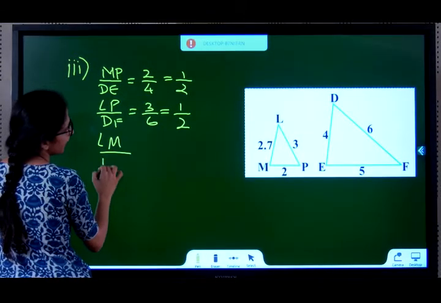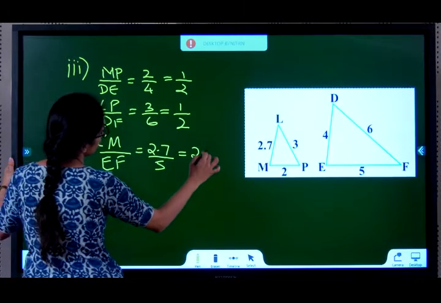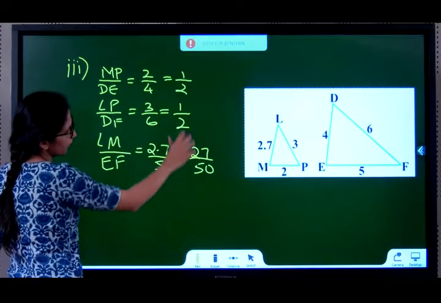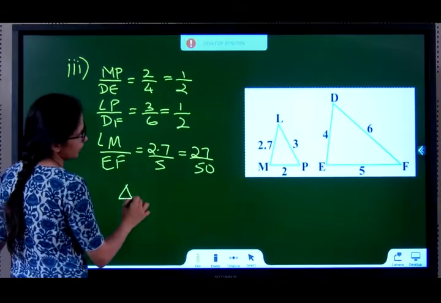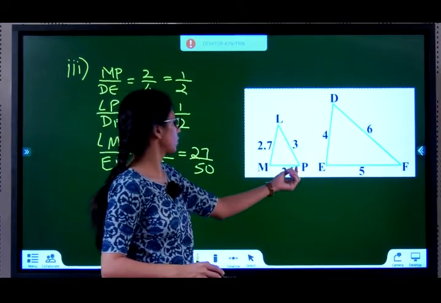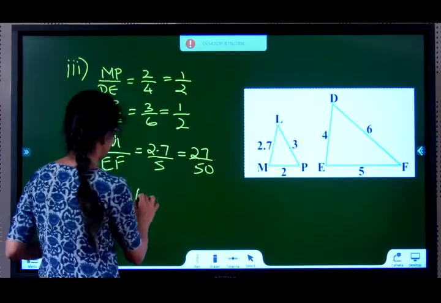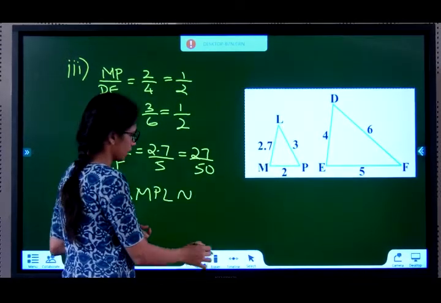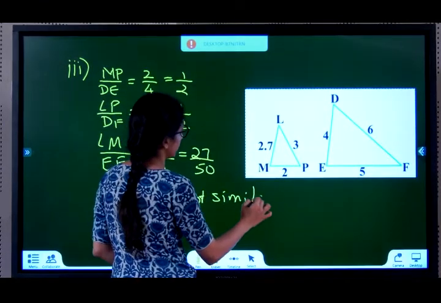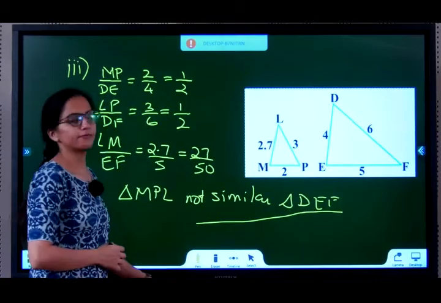LM by EF is 2.7 by 5 which is 27 by 50, which cannot be reduced further. So since the three ratios are not equal, we can therefore say the triangles are not similar. Naming doesn't matter. If it is not similar, you can name it however you want. Anyway, it's not similar, so just name anything.